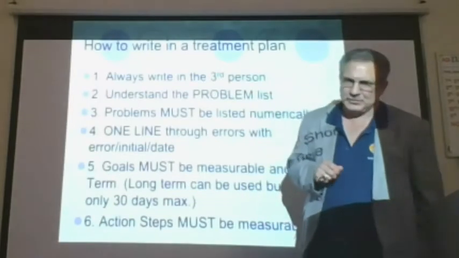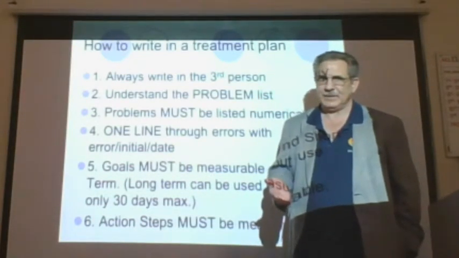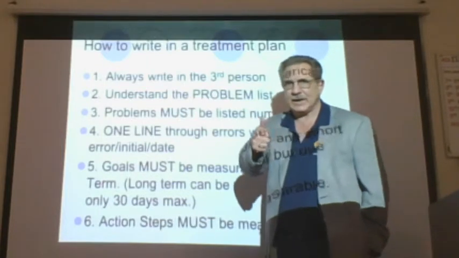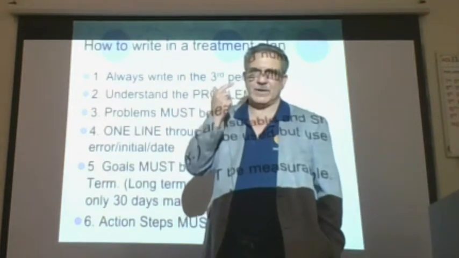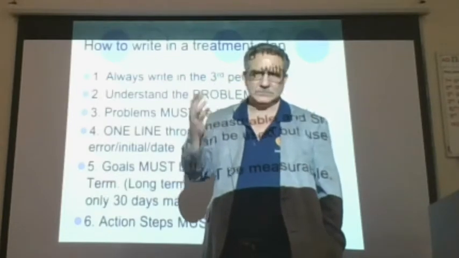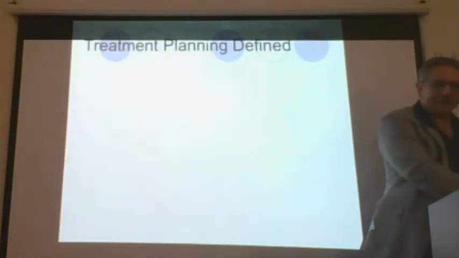If they're not measurable, it's out of compliance. Everything has to be time-oriented. Everything has to be measurable, okay? Client will resolve this problem in 30 days. However you want to word it, it has to be measurable. All right.